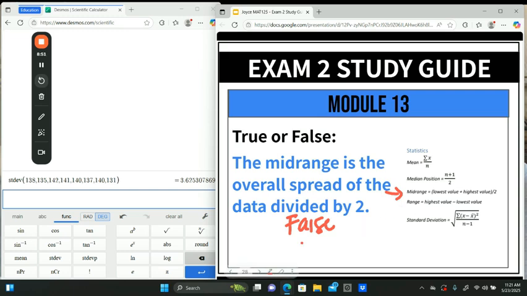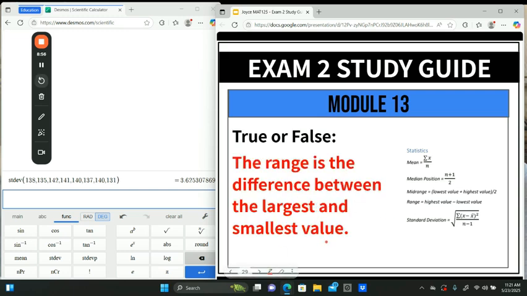It is not the overall spread. All right, true or false? The range is the difference between the largest and the smallest value. So we look at range, we see highest minus lowest, and yes, this is true.